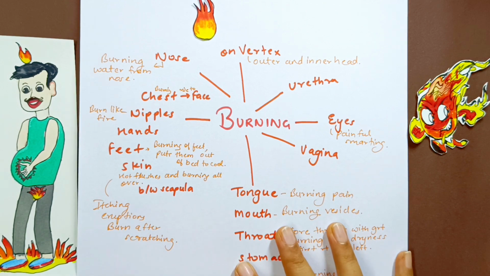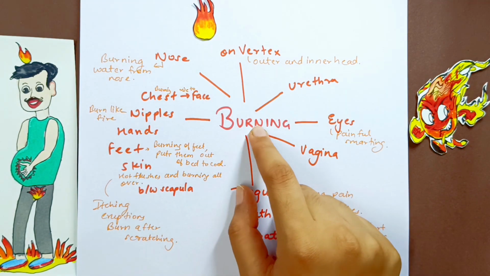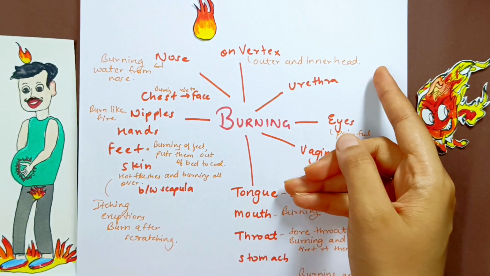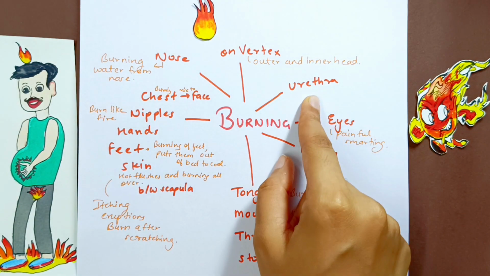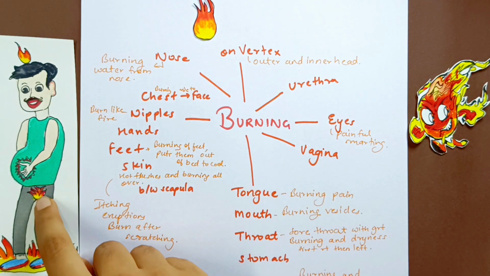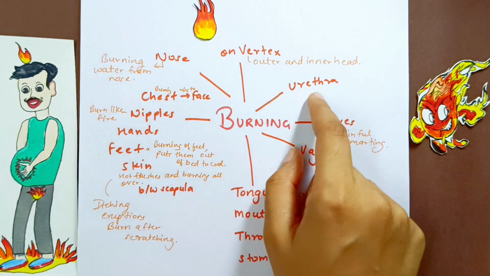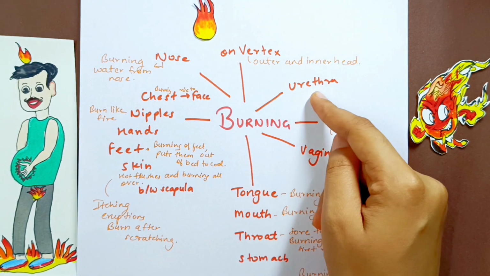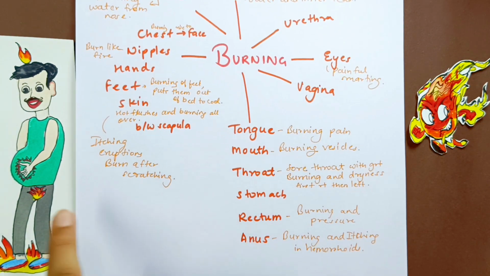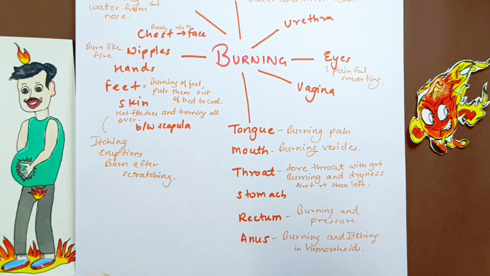Almost everywhere. So burning on the vertex, outer and inner head, burning in the urethra. That is why I have made this illustration of fire or burning. There's also burning in the anus, rectum, and this denotes the same.